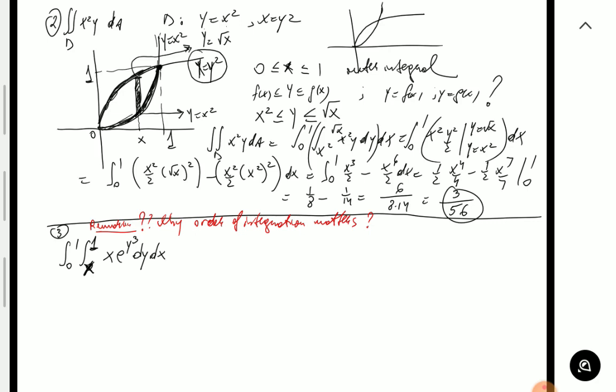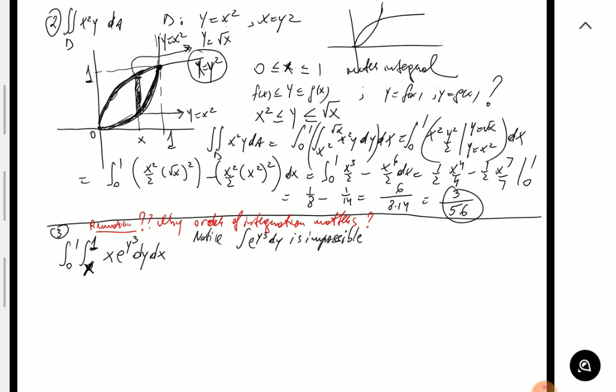So before we sketch the domain, notice here that the computation of the antiderivative of e to the y cubed dy is impossible. This is one of those functions that admits an antiderivative, right?